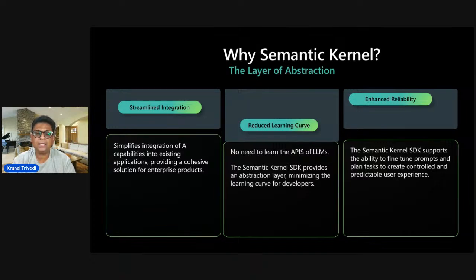The Semantic Kernel SDK supports the ability to fine-tune prompts and plan tasks to create a controlled and predictable user experience. Now, as we all know, prompt engineering is a very important thing when you work with generative AI, right? If you want a predictable output, you have to write an accurate, clean, clear prompt. You should have clear instructions, you should have a clear set of examples provided, you have to set the context, and you have to set the role, how this AI agent is going to work, and as a result you get predictable output.